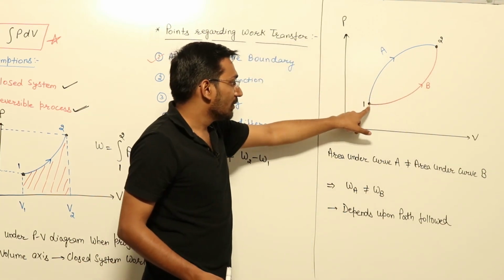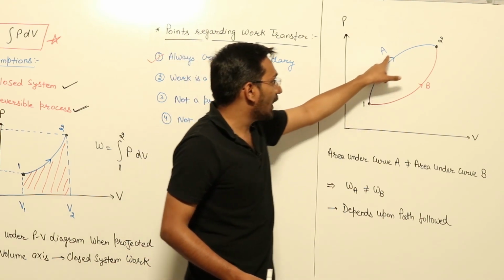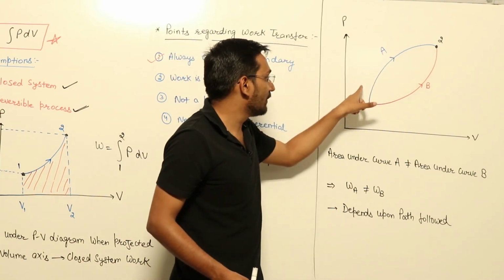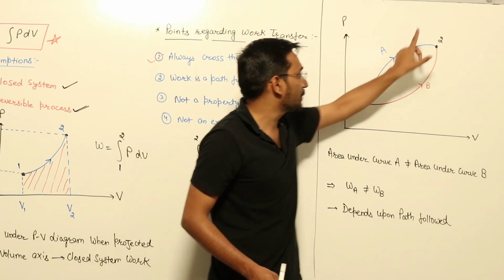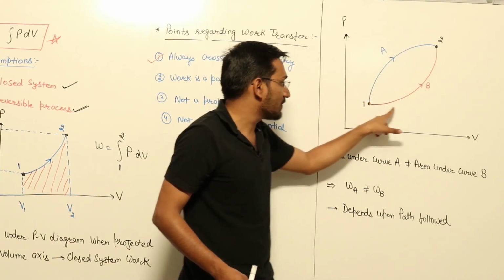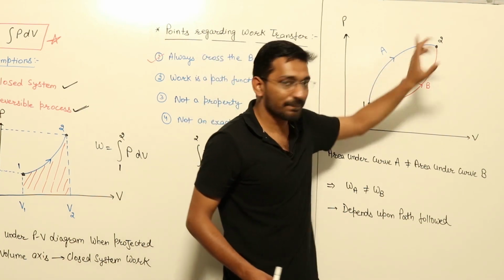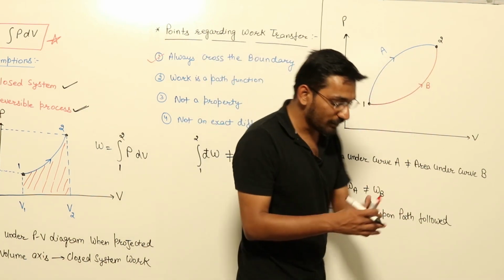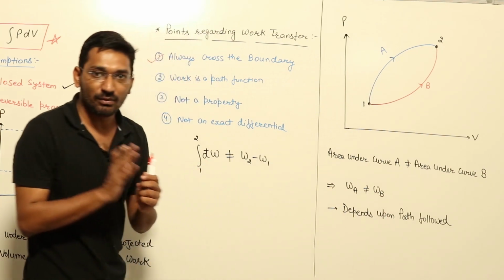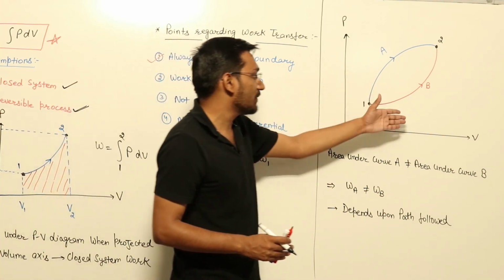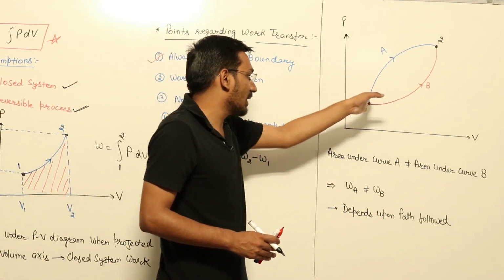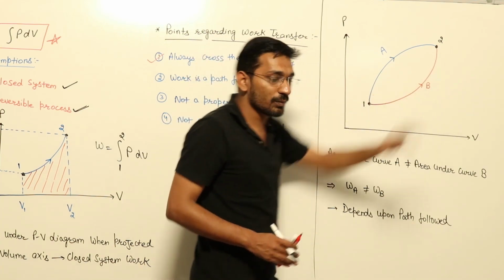Suppose one path is going along this process A, and another process is this B. This is the path of B and this is the path of A. We want to find the thermodynamic work done by different processes when the process is occurring between point 1 and point 2.